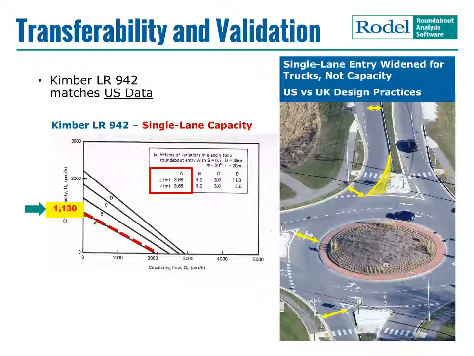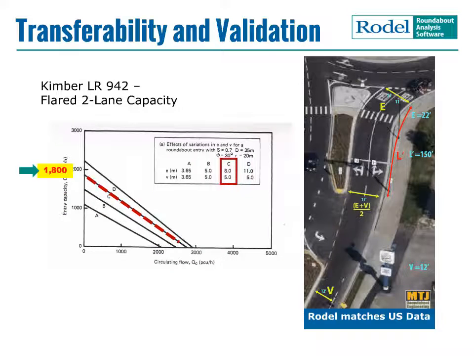There's a separate work effort ongoing, NCHRP 3-116, which is going to be used to develop a new updated HCM model that may be out in 2015 or early 2016 for flared entry design. We've separately looked at their data incorrectly to try to compare Rodel's predictions for a single lane roundabout.